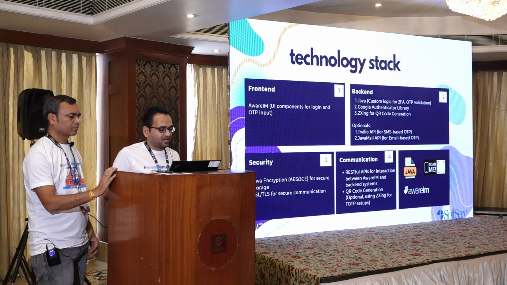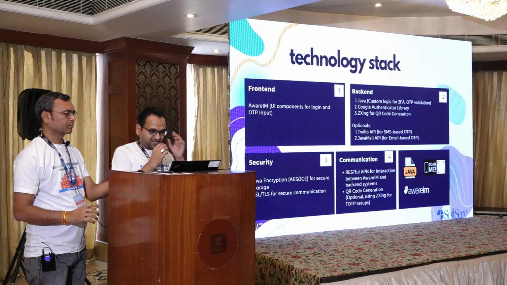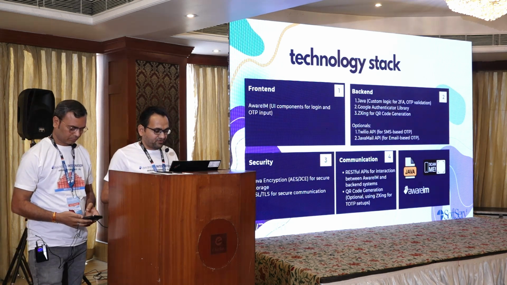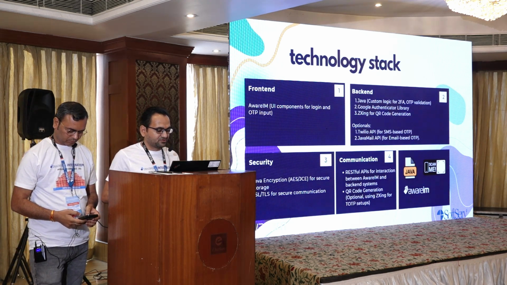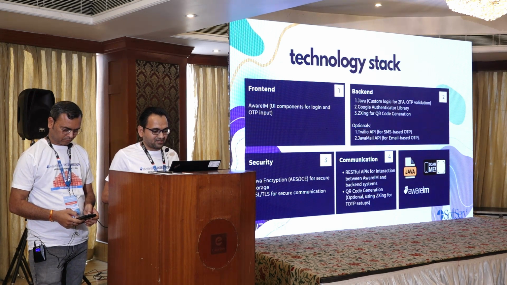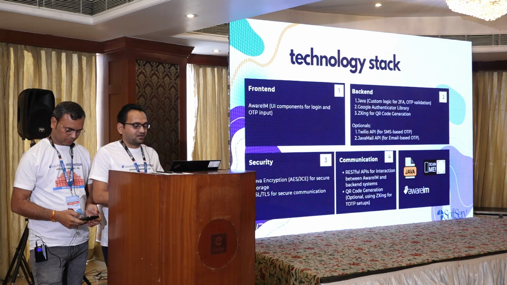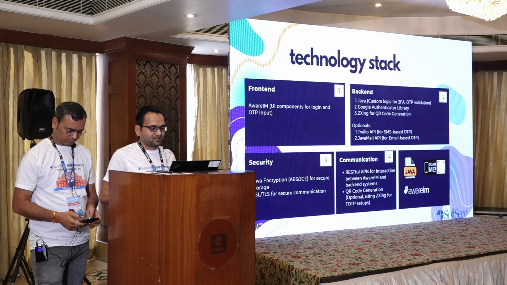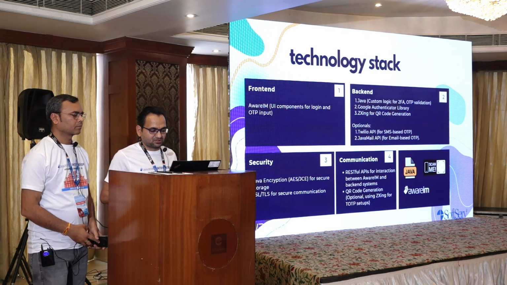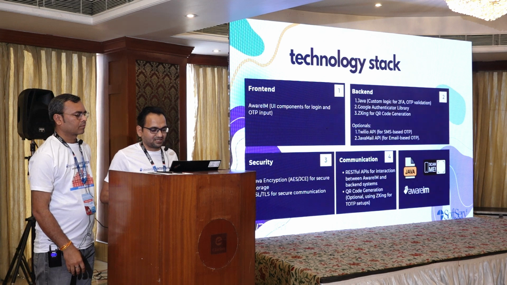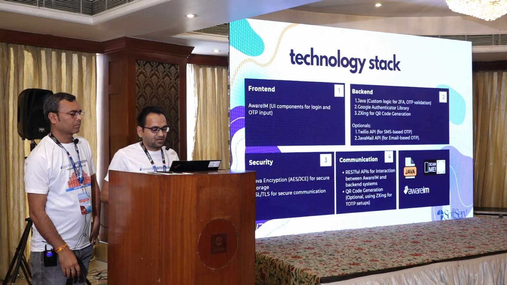What we use: in the front end we use the AwareIM login screen. After that, in the back end, meaning the authenticator part, we use Java libraries, and there are basically two libraries we use.